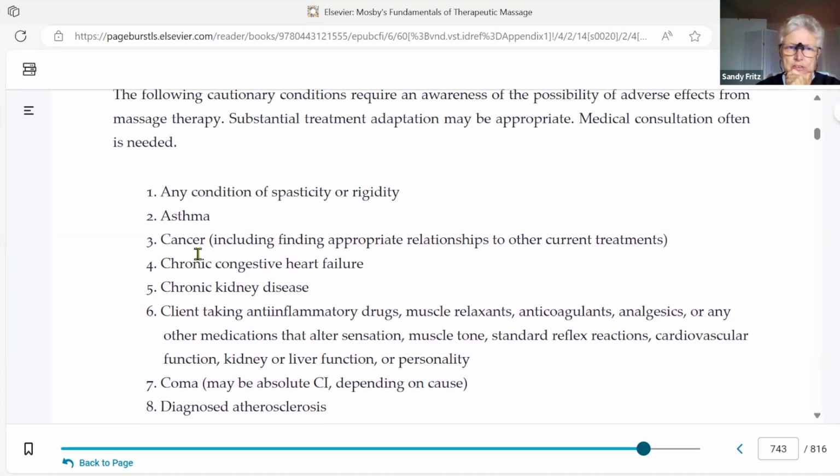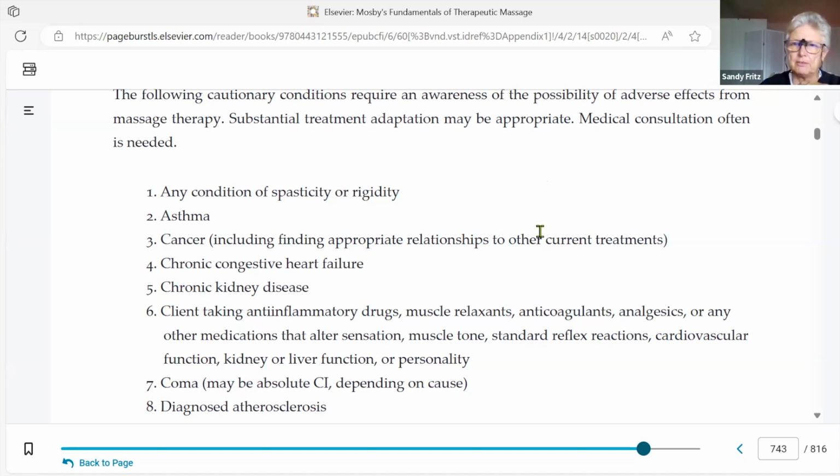Cancer is cautionary only because you want to make sure that you don't overtax a person's system when they're undergoing active cancer treatment. And then in remission, post-cancer treatment, there might be some ongoing side effects left over or persistent from the cancer treatment itself, like neuropathy.